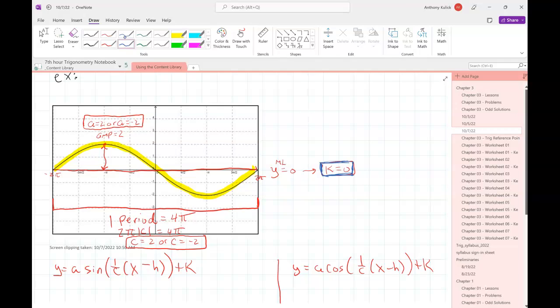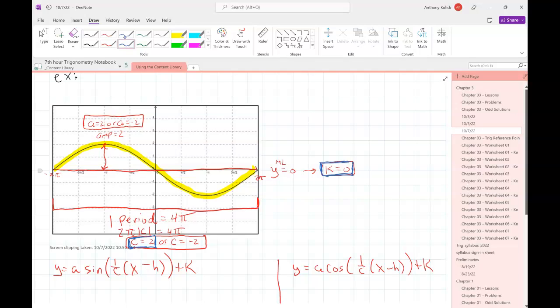My suggestion to you is let's always pick C to be positive, and then depending on how we find our H, we'll decide whether A needs to be positive or negative, but we can always assume C is going to be positive.